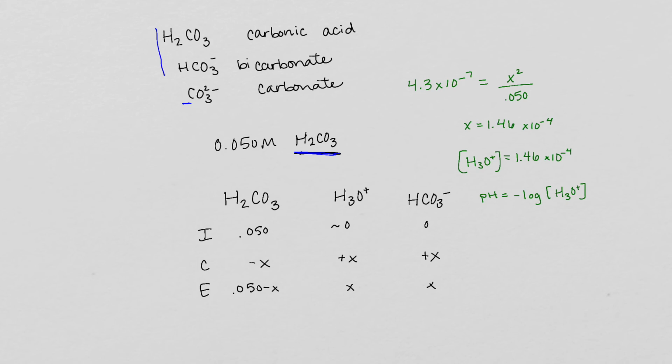So all I have to do is take the log of this, and it will be a negative number, and then it's multiplied by negative to get my pH. And when I do that, I get 3.83. So it's acidic, but not overly acidic.